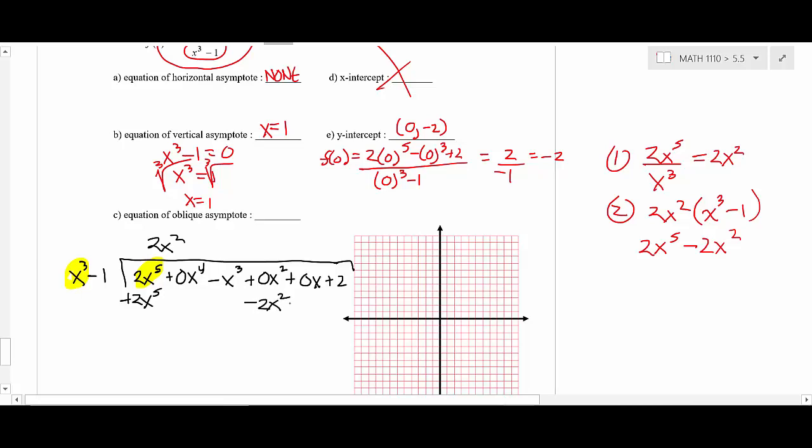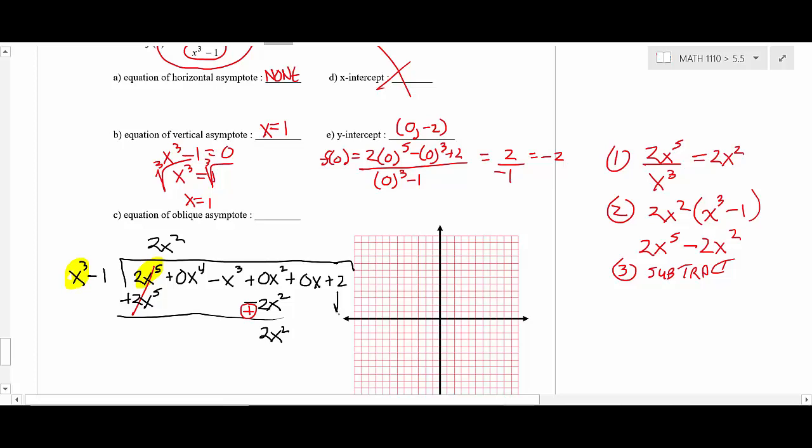Now the third thing you do is subtract. When you subtract, you can do this in your head. This cancels right there because 2 minus 2 is nothing. This is 0 minus negative, so you have to change that to a plus. So 0 plus 2 is going to be 2x squared. Remember, what you're doing is 0 subtract negative 2, which is 0 plus 2. So we do that.